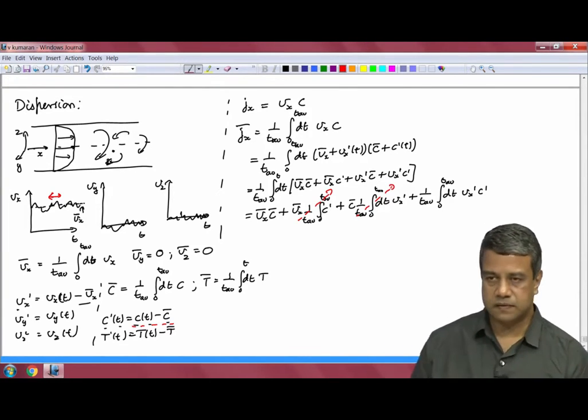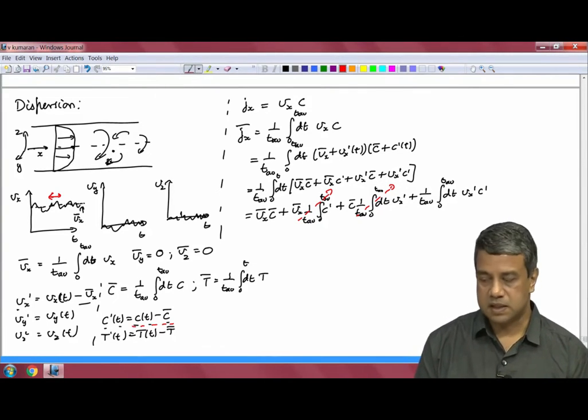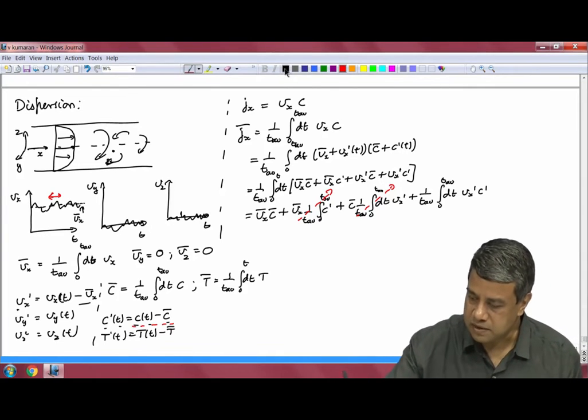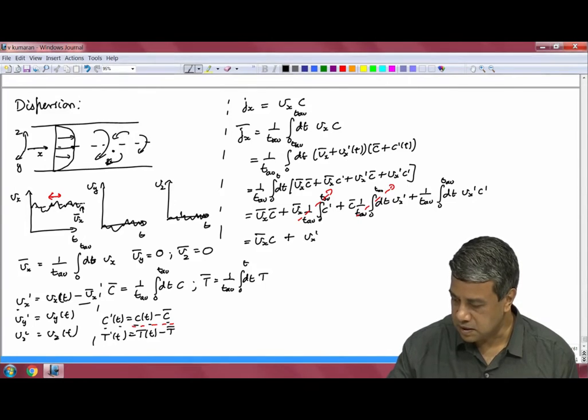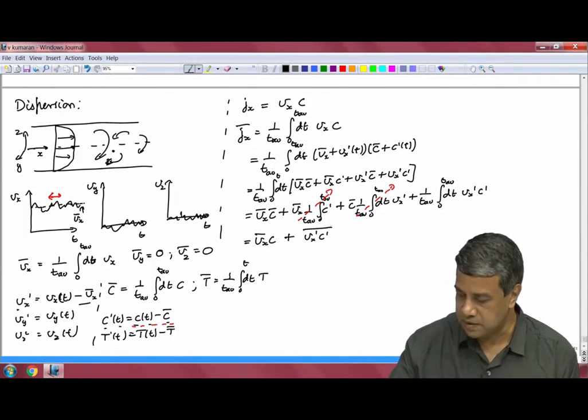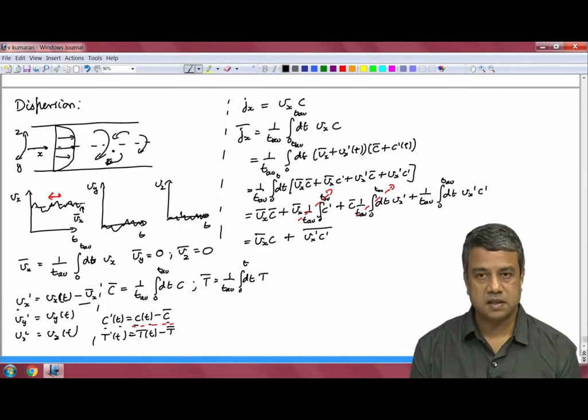This is also linear in the fluctuating component, it also averages out to 0. The last term on the right does not average out to 0 in general. The flux is Vx bar C bar plus the time average of Vx prime times C prime, and this does not in general average out to 0.